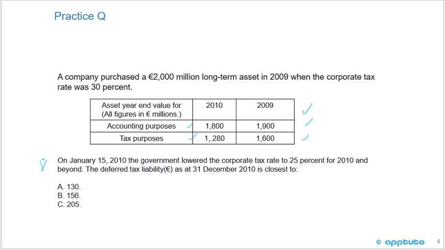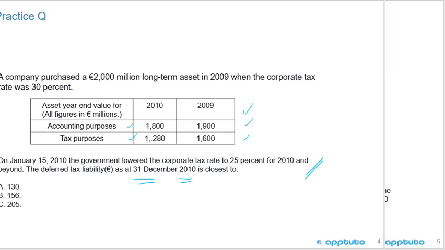On January 15th, 2010, the government lowered the corporate tax rate to 25% for 2010 and beyond. The deferred tax liability as at 31st December 2010 is closest to A, 130, B, 156, or C, 205.